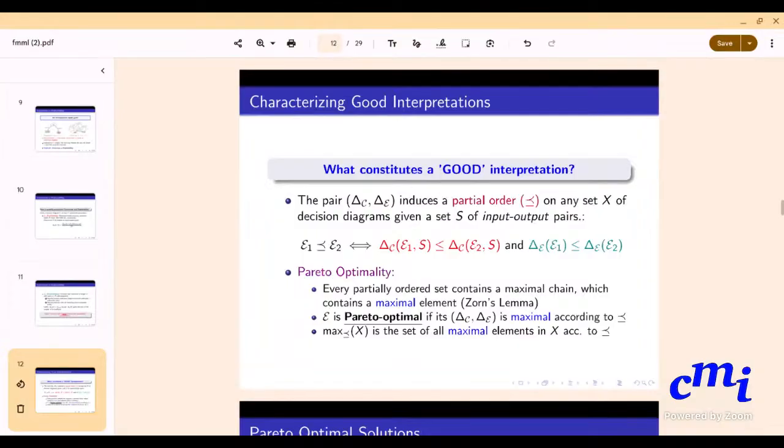So the pair delta C and delta E induces a partial order on any set of decision diagrams given a set S of samples. The partial order I have defined is that E1 is preferred over E2 if both of its parameters rank less than or equal to those of E2, with at least one strictly less.